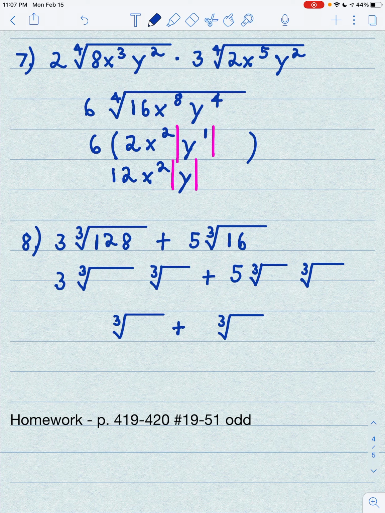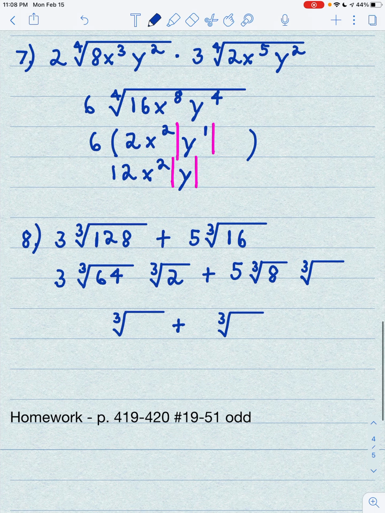And so as I look at my perfect cubes, 64 times 2 is 128. So I'm going to put 64 in the first radical and the 2 in the second. And that's good. The 16, we know 8 goes into 16, and that's a perfect cube. And that would leave left over 2.